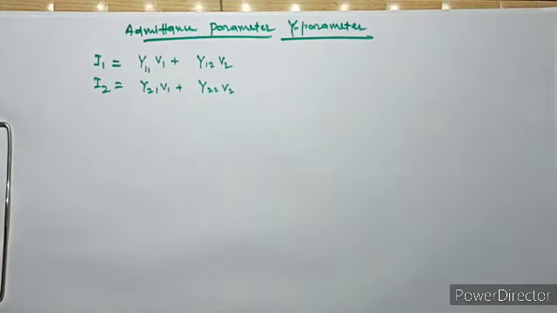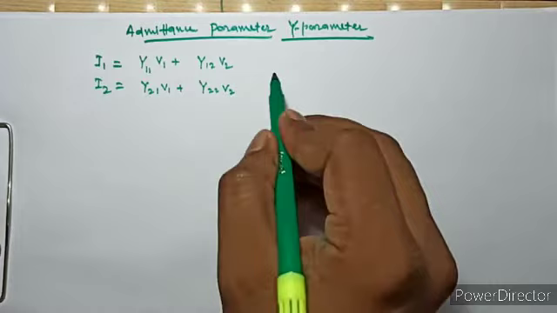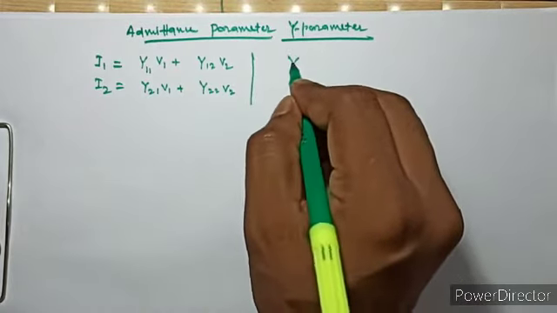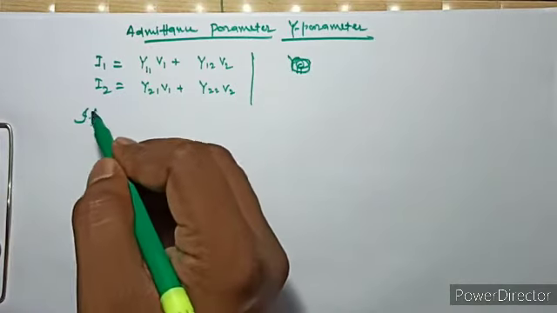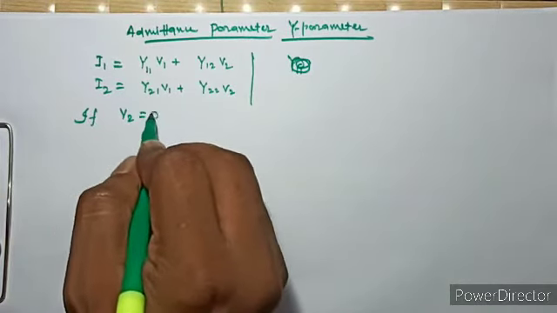Similarly, as we proceeded for our Z parameters, here also we will proceed in the same manner. The difference is that in the Z parameter calculation we were opening the ports, and in calculating the Y parameters we will short circuit the port. Why? Consider V2 equal to 0.